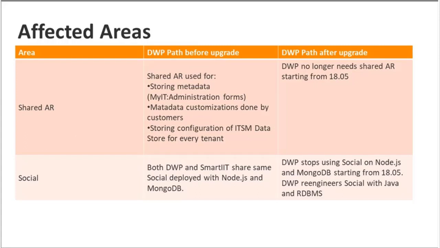The reason we call this shared AR is mostly for the cloud-based deployment. We wanted to separate all the DWP metadata from the ITSM server. So we used to stand up a separate AR server just to store metadata in a shared cluster environment in the cloud, which is why we called it shared AR.